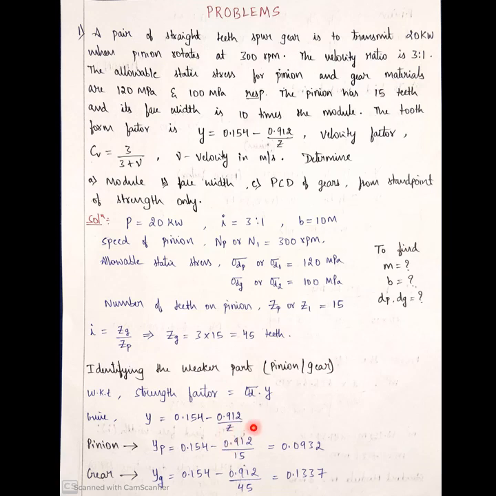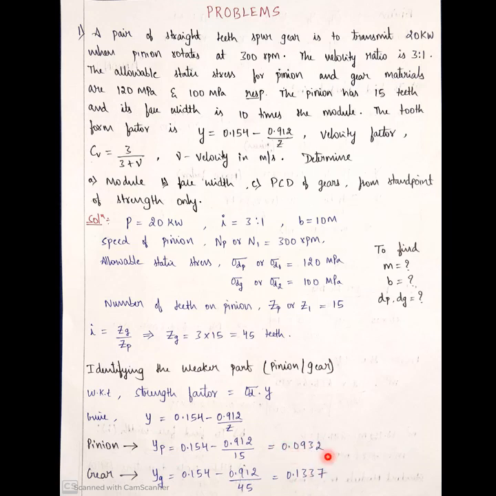Okay. Now Z, if you are calculating with respect to pinion, we have to take Z as number of teeth on pinion. If we are calculating with respect to gear, we have to take number of teeth on gear. So you will be getting both the strength factors. So if you check both values, which one is less? This one is less.